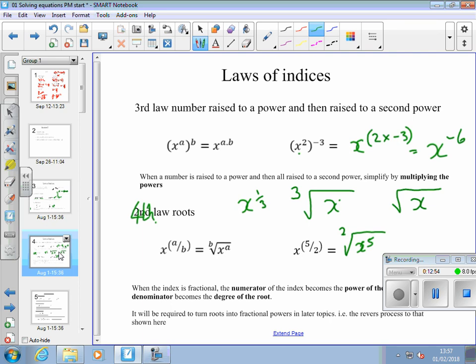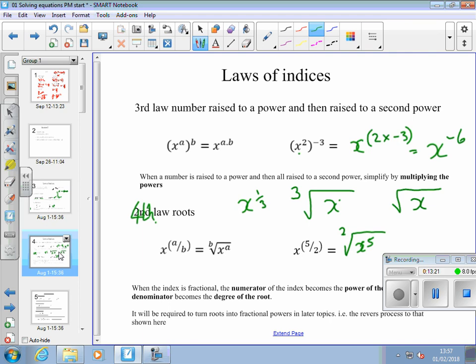You're going to need to be able to take terms that have root signs and turn them into numbers with indices when you do calculus, because we'll not be able to do calculus in that form. We need it in indices form. So you need to be able to go backwards and forwards between the two.